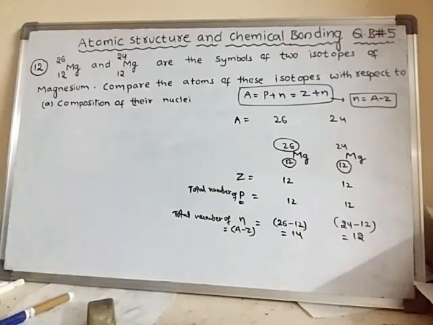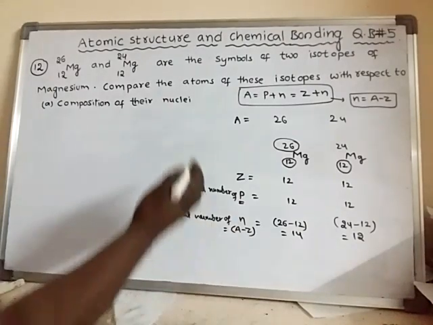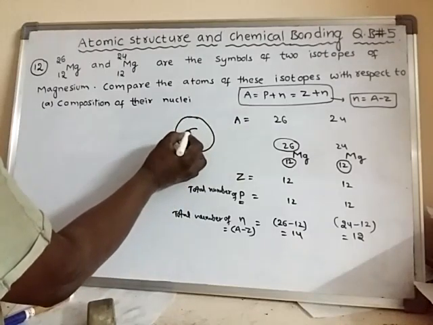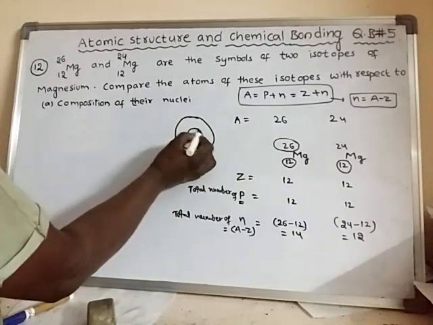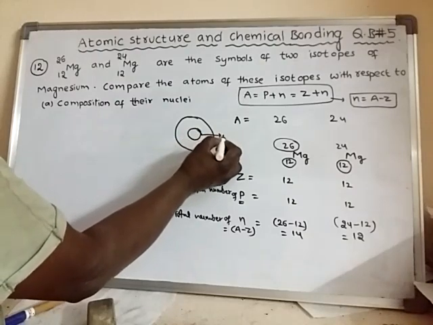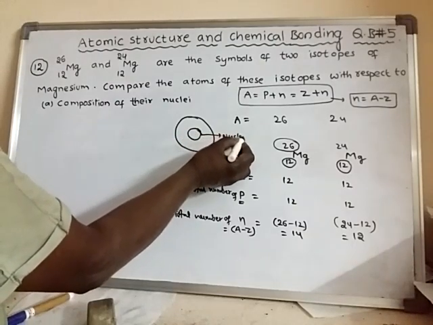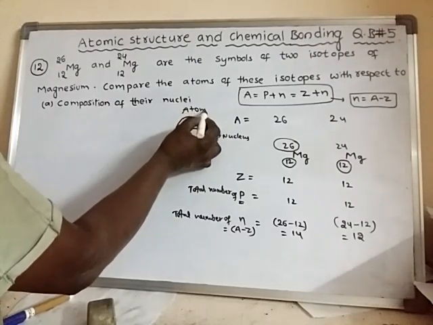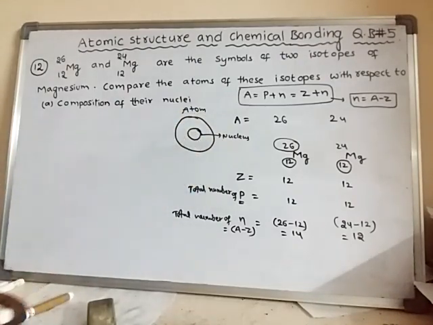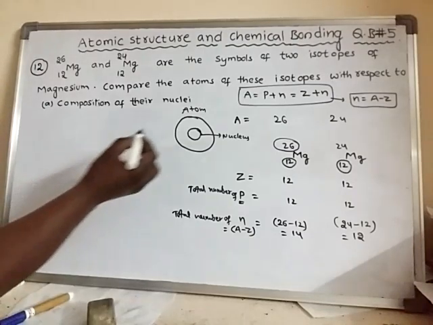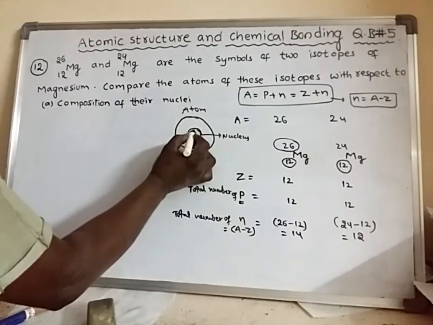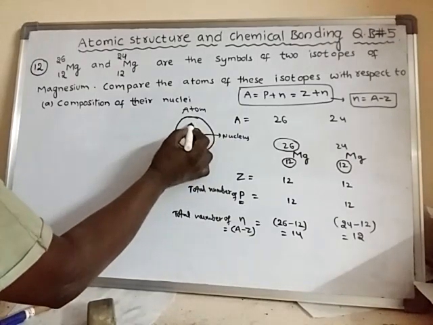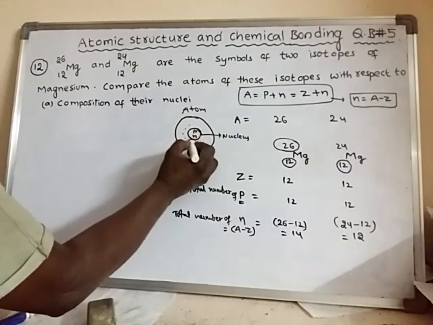Generally, what is an atom? An atom is a spherical structure. In the center you will find a nucleus. The central portion of the atom is called the nucleus. The nucleus contains protons and neutrons, whereas electrons are present outside of the nucleus, in orbits.